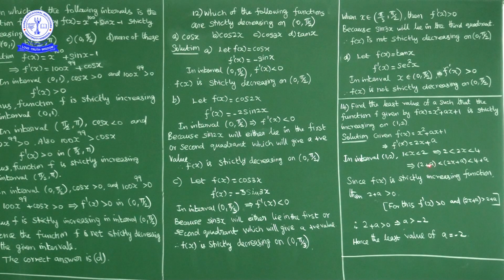That means 2 plus a has to be greater than 0. So 2 plus a greater than 0 means a greater than minus 2. So with a greater than minus 2, the least value of a is equal to what? Minus 2. The least value of a is minus 2. Okay. Next.